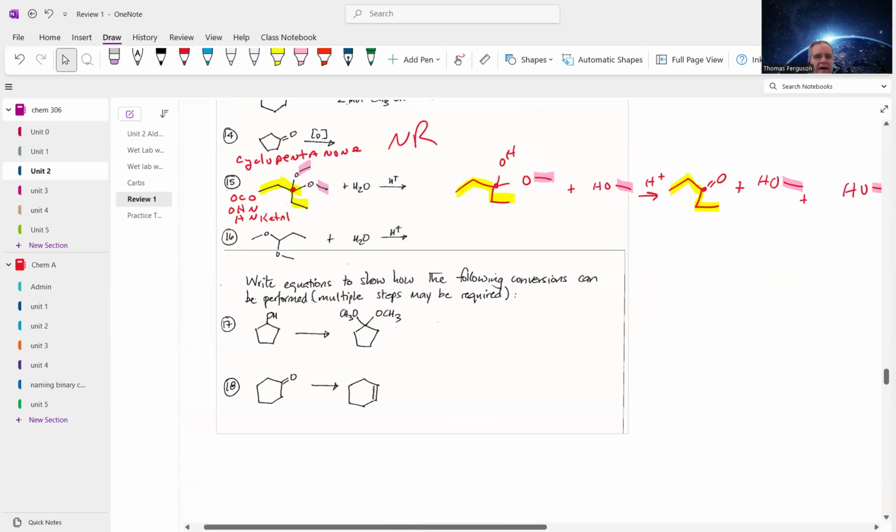Okay, so now we have multi-step synthesis. In other words, this is not a one-step. So how do we get to that? Well, first of all, what is it we're going to make?